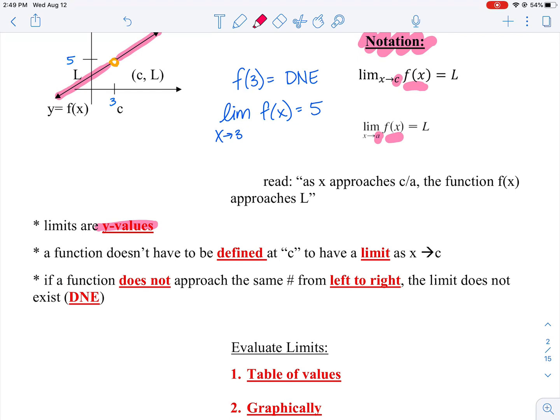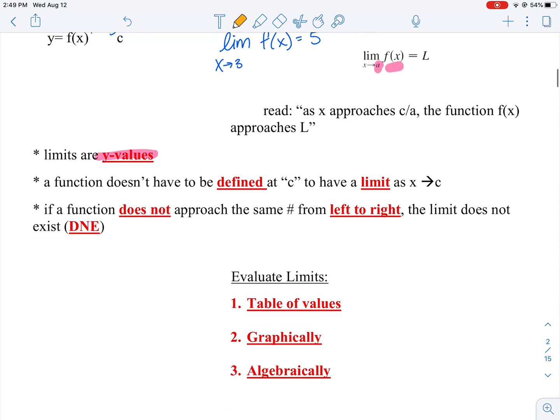If a function does not approach the same number, though, from the left side to the right side, then we say that the limit doesn't exist. So if I had a graph and I was coming up to the graph here, let's say my graph looked something like this. If I was approaching my graph from the left of 3, I'd be up here.